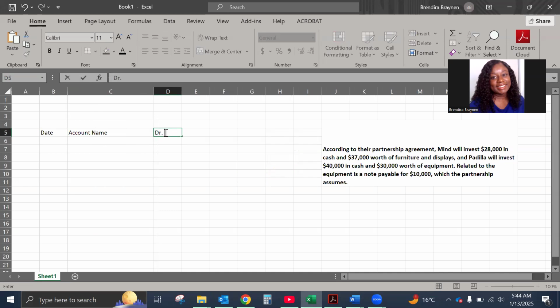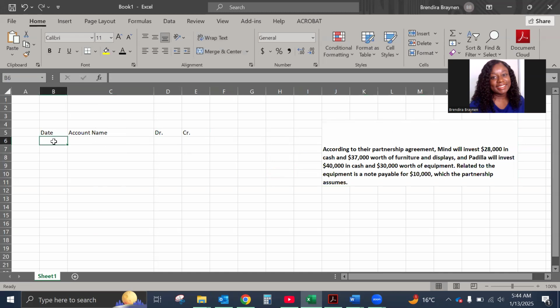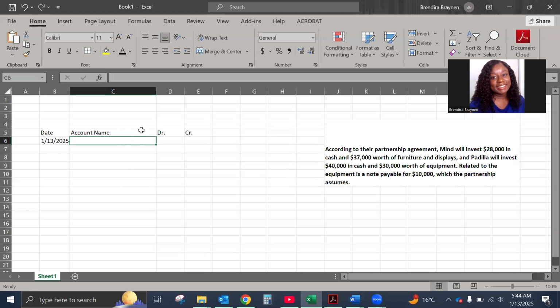Then we're going to do a debit and a credit. Right now we're going to assume it's today's date, which is January 13th, 2025. So we're assuming that they're starting this partnership as of today.